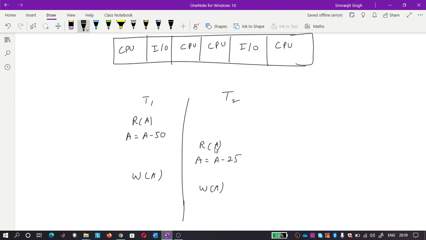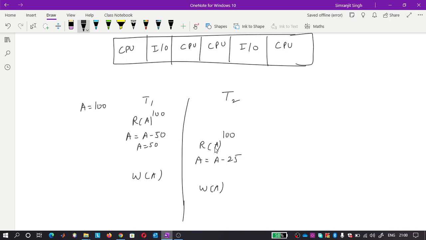Suppose you start with the value of A being 100. T1 reads the value of A as 100, takes it into main memory, and then deducts 50, so the value of A here is 50. But you have not transferred the value to secondary memory. Since you haven't updated the value in secondary memory, T2's read of A will again read the value as 100, not 50.